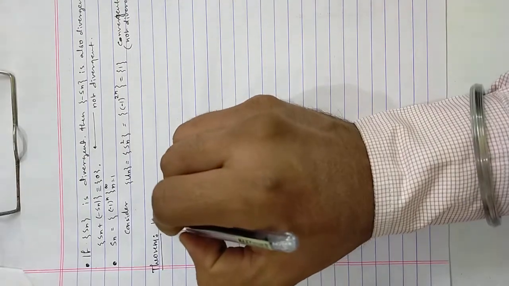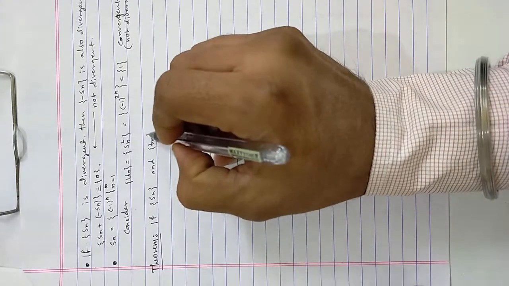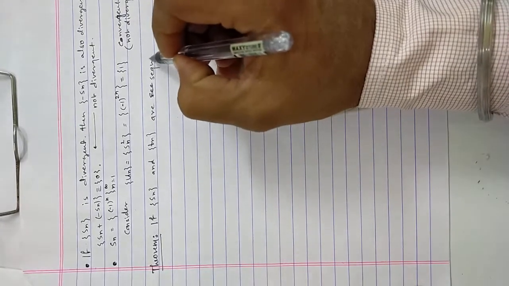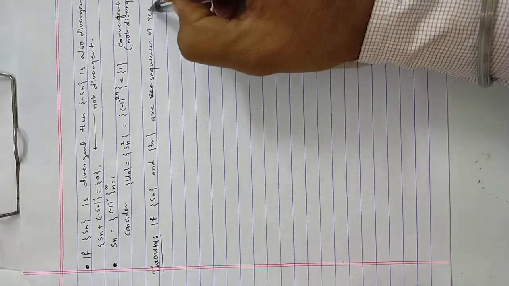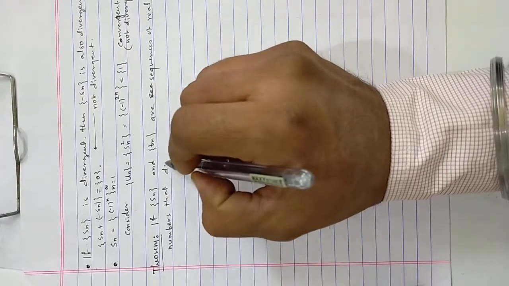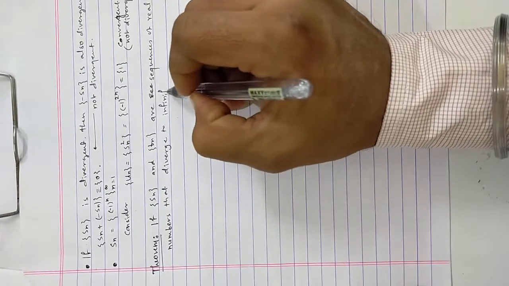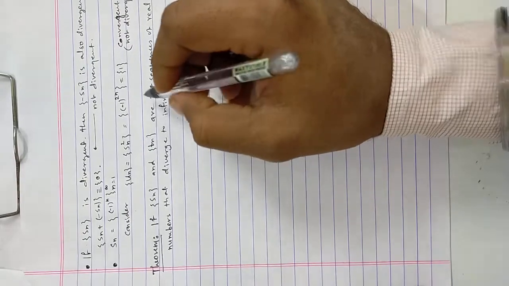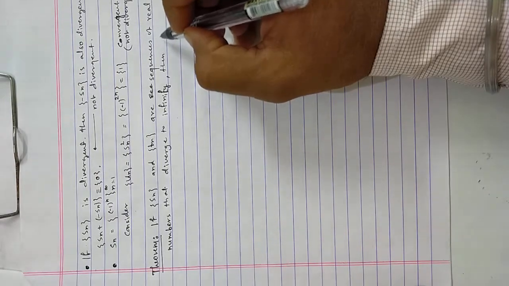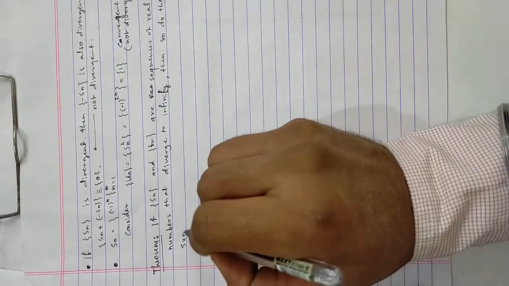Theorem 1 is: if sequence Sn and sequence Tn are sequences of real numbers that diverge to infinity, that means sequences which diverge to plus infinity, then so do their sum and product.